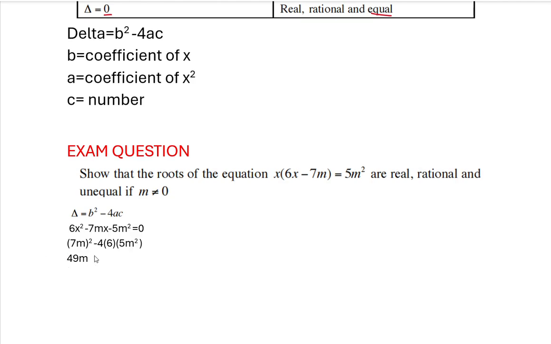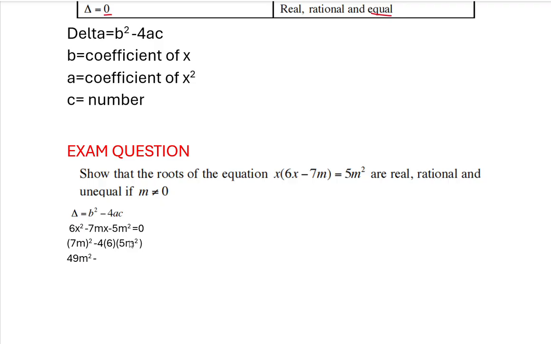So 7m squared gives us 49m squared. Then minus 6 times 4, I think it's 24. Then multiplied by 5m squared.